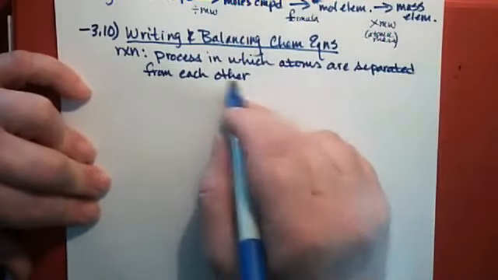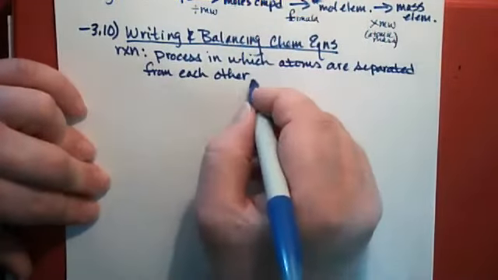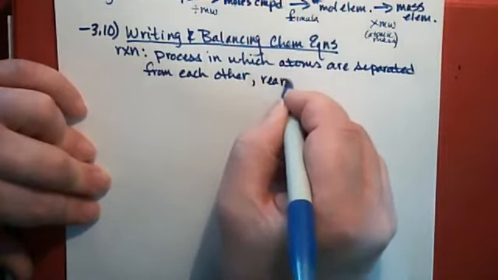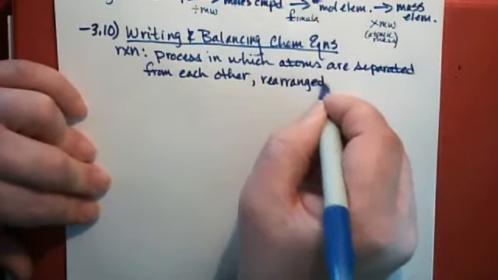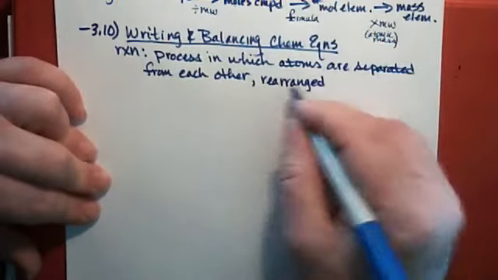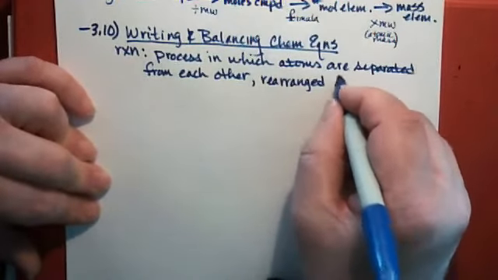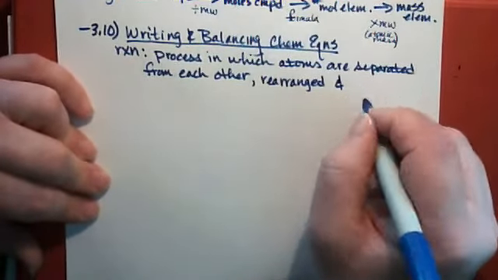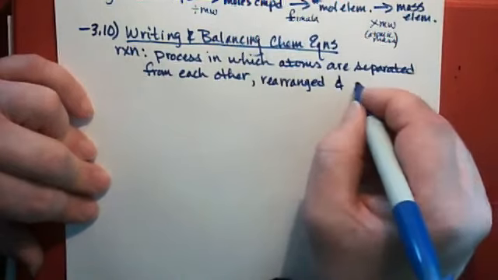Okay, so this is the atoms in the reactants that are separated from each other, rearranged, and that's essentially what the chemical reaction is about, and bonded back together in different combinations.